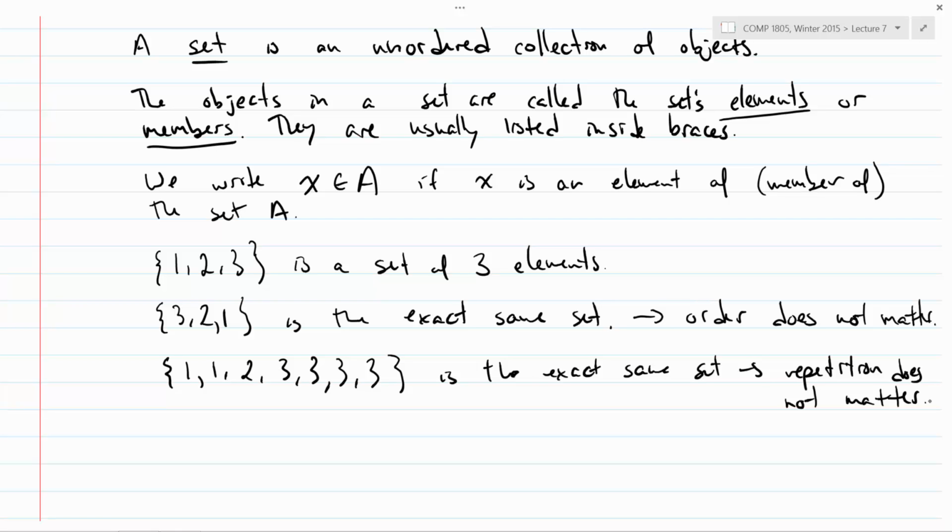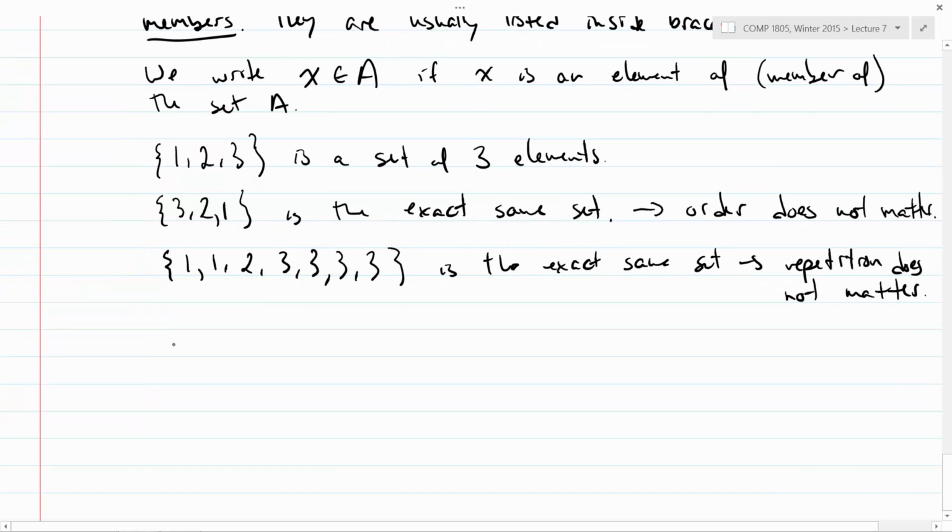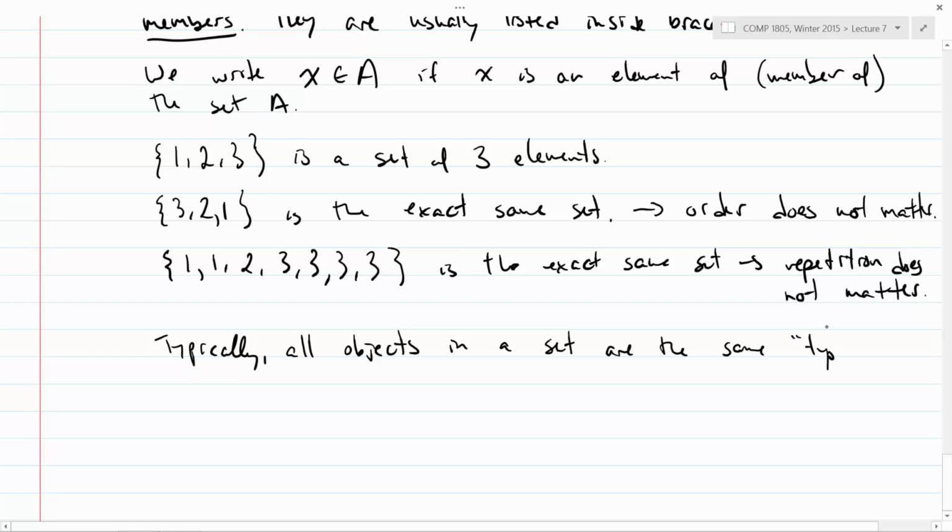Typically, all the objects that are in a set are of the same type. If you want to think like you're in a programming language, they'll all be integers, or they'll all be colors, or they'll all be names, or something like that. But there's no such restriction. So typically all objects in a set are the same type, but they don't have to be.